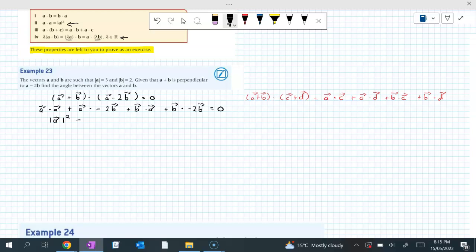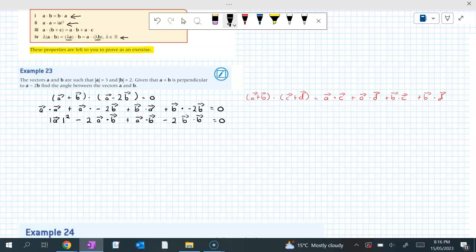So I can bring it out the front and have minus 2a dot b. B dotted with a is the same as a dotted with b. That's by the first one here. So I'll write that as plus a dotted with b. And again, we've got this idea of the minus sitting down here, so we'll say that's minus 2b dotted with b.